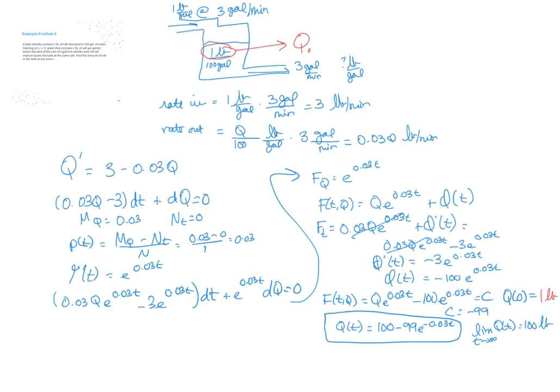So I hope that clears up any confusion some of you may have had about how mixing tank problems work, and I hope it makes it very clear to those of you who are new to mixing tank problems how these work. A lot of it is just sitting down, looking at what's already there, what's coming in, and what's going out, and finding a way to organize them so you can figure out, well, if I want to model this, I need to know at what rate it's changing.